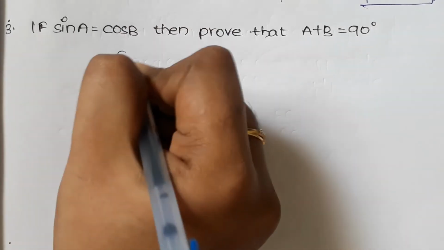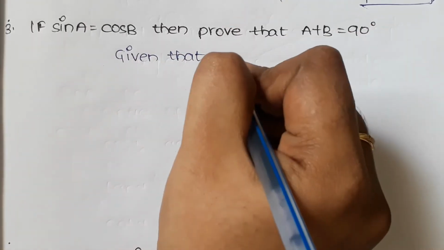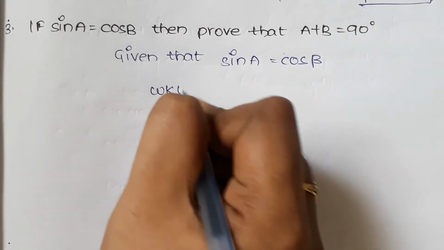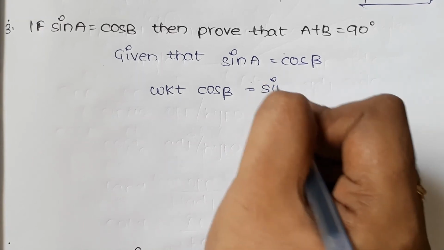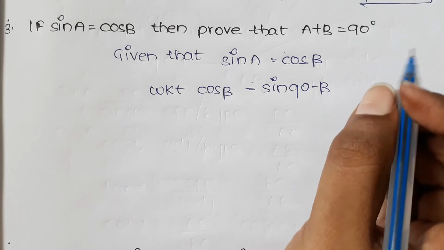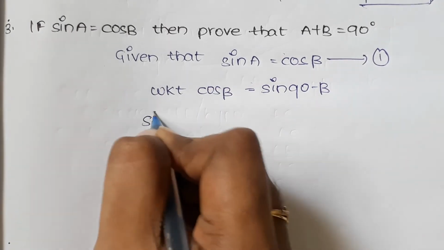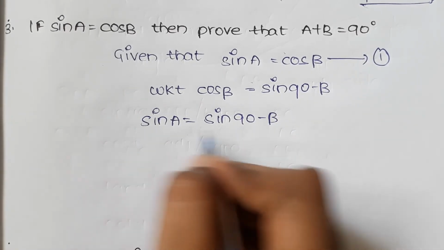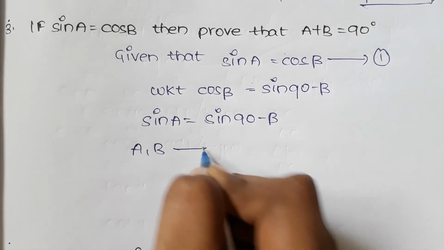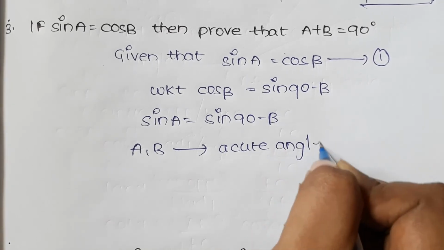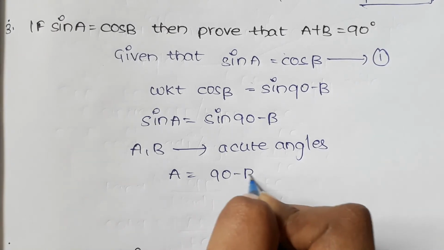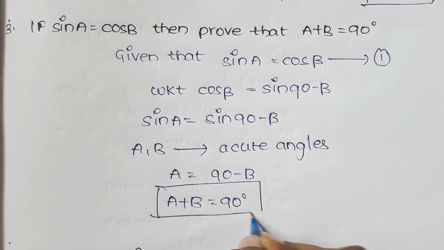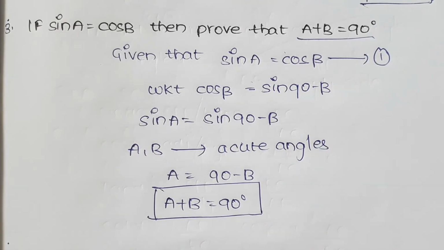In the question it is given that sin A equals cos B. From this we already know that cos B is nothing but sin of 90 minus B, so we can write equation 1 as sin A equals sin of 90 minus B. Now both are acute angles, so both are equal, and we get A equals 90 minus B. When B is taken to the LHS side, we get A plus B equals 90 degrees, and it is proved. And this is about the third one.